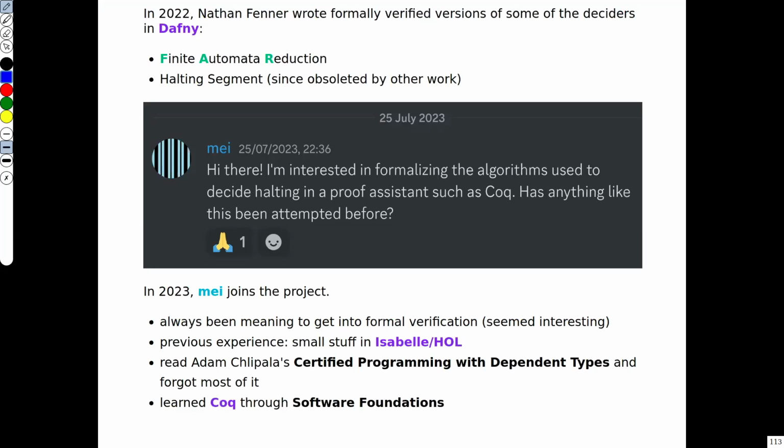Then there came a time where I found myself quite burnt out from my job, and I wanted to take a breather. As a vacation, I did the Software Foundations course. It's a really good way to learn Coq, in my opinion.